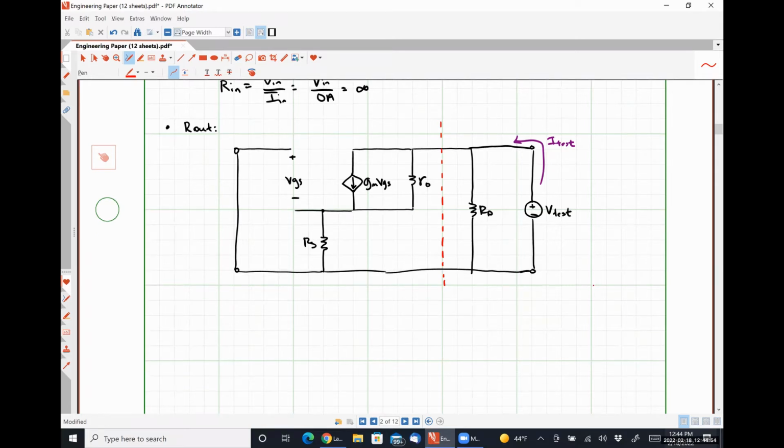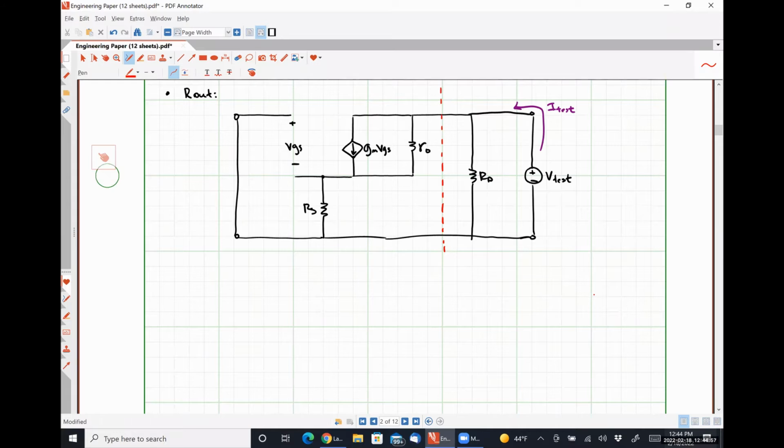So let me redraw what we have to the left. I have my current source, gm vgs, in parallel with my resistance r naught. At the bottom node, I have a resistor Rs over which a voltage drop of vgs appears, having the following polarity.